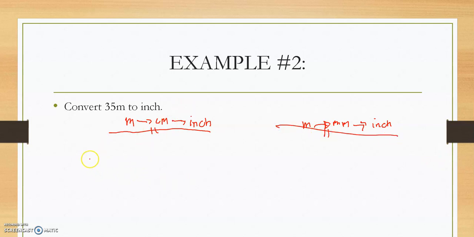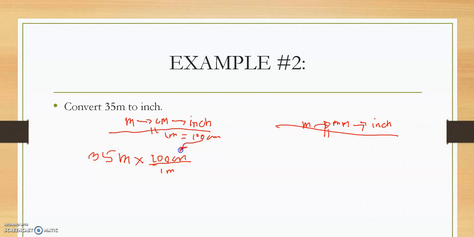Sige, let's start with this unit conversion. 35 meters times, again, the conversion ratio. Meter must be eliminated, therefore the factor must be placed below. So we have 1 meter equivalent to 100 centimeters. We also need to remember that 1 meter is equivalent to 100 cm, and that is where we place this.